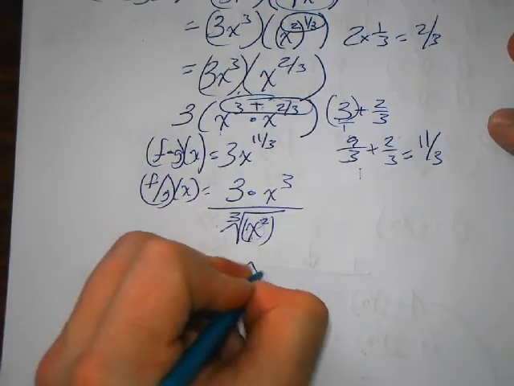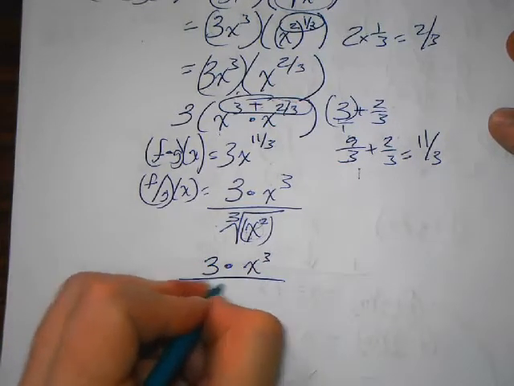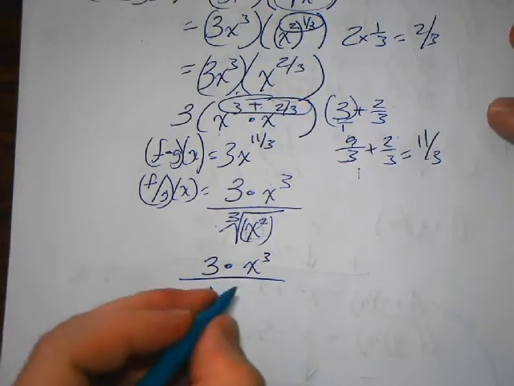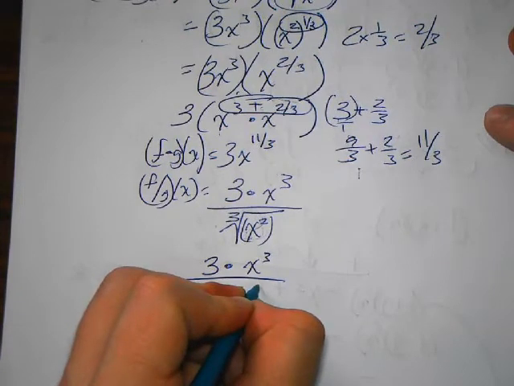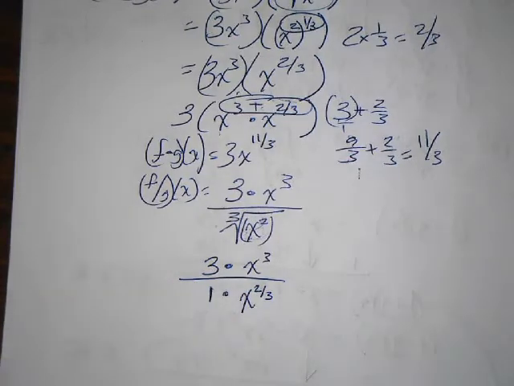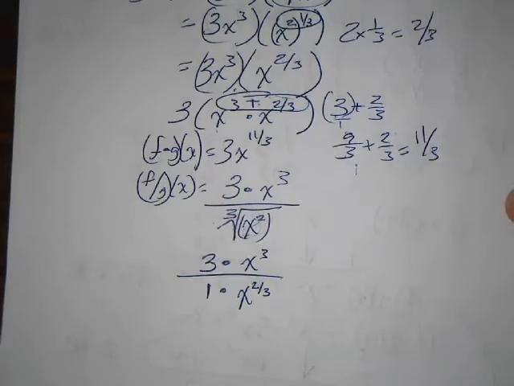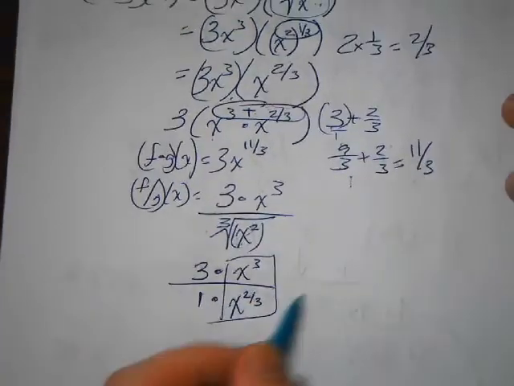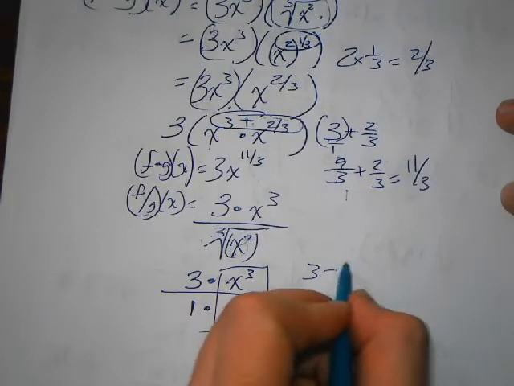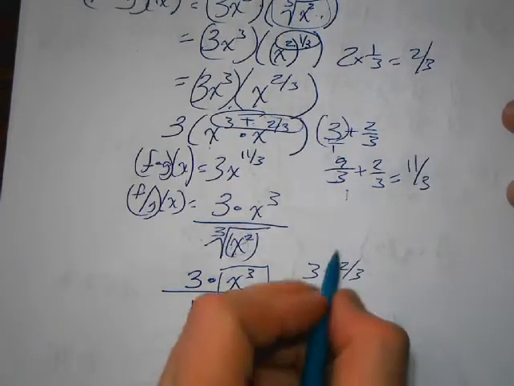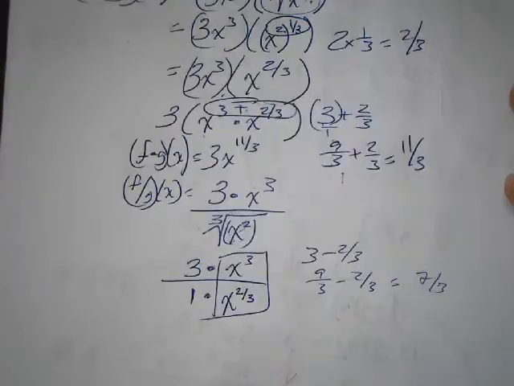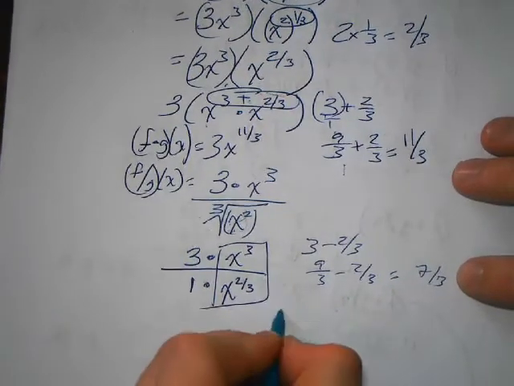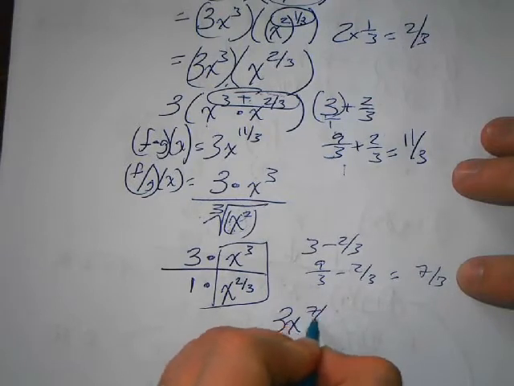So we have 3 times x cubed divided by 1 times the x to the 2/3. Now we can just subtract our exponents. So this one is going to be 3 minus 2/3. And 3 minus 2/3 is 7/3. So this is our new exponent. And we can just say that this is 3x to the 7/3 power.